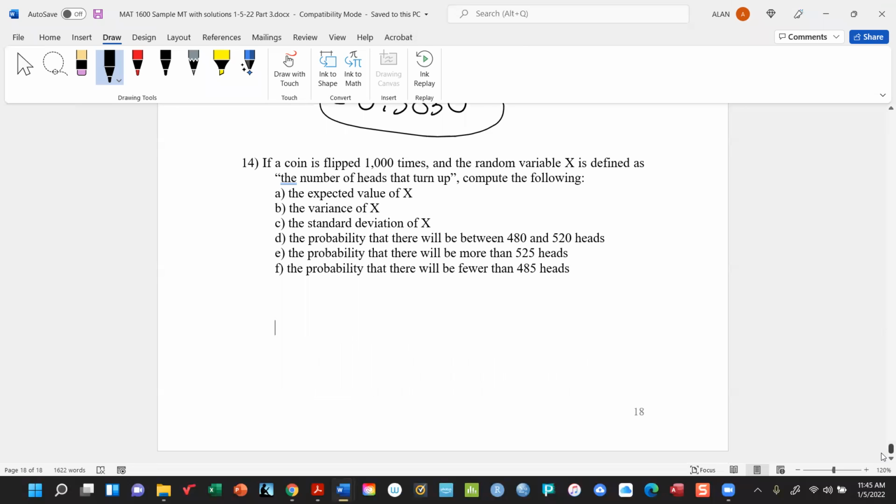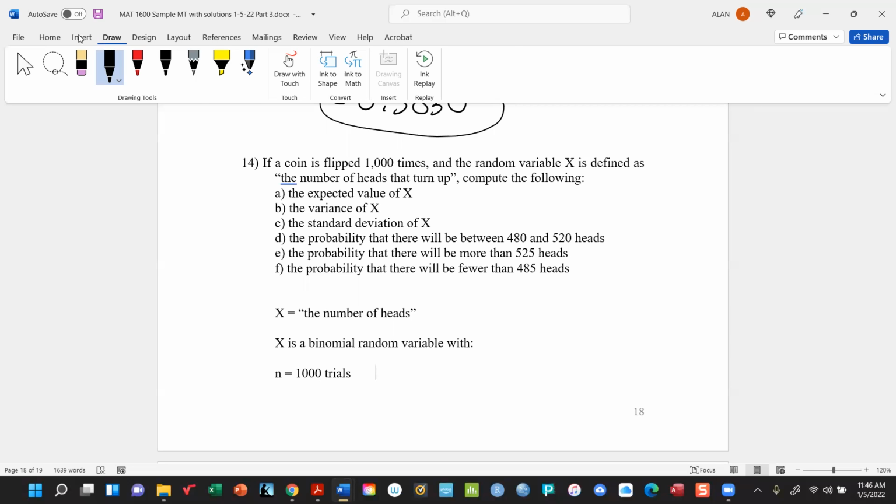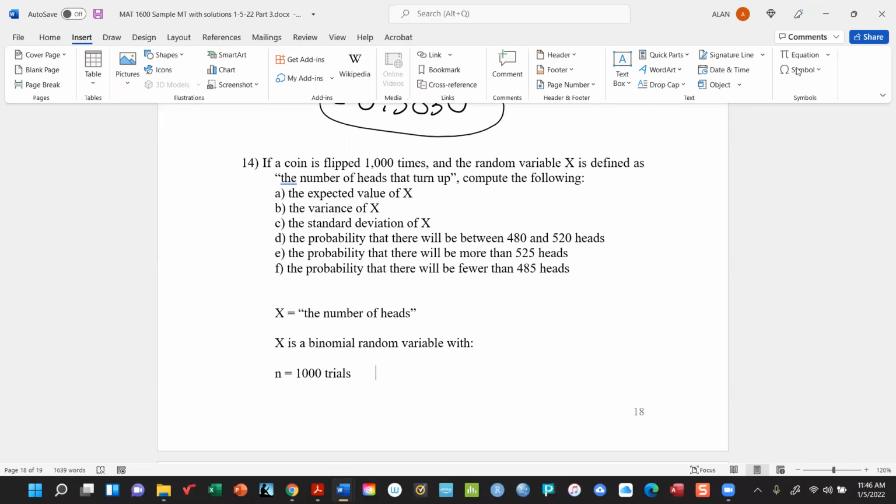So X, the number of heads, is a binomial random variable with 1,000 trials, and pi, probability of success, is of course a half, because that's the probability of getting a head when we flip the coin once.